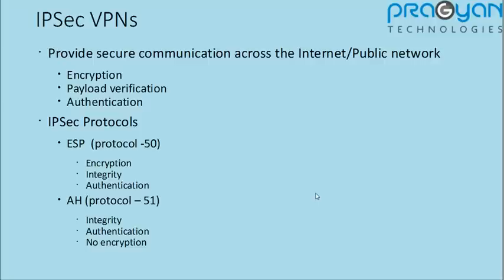Encryption is a technology which offers confidentiality. Your clear text data, once it's encrypted, becomes ciphertext, and the people in the public network will not be able to understand that data anymore. Then payload verification offers you integrity, and authentication makes sure that the data is coming from and going to the right sources. Your VPN is between the right devices.